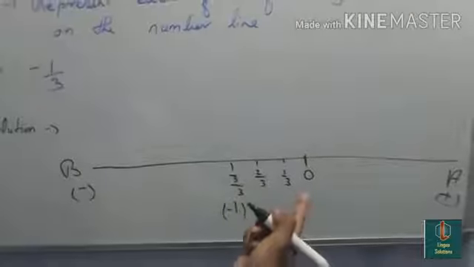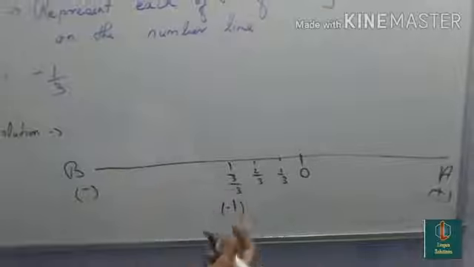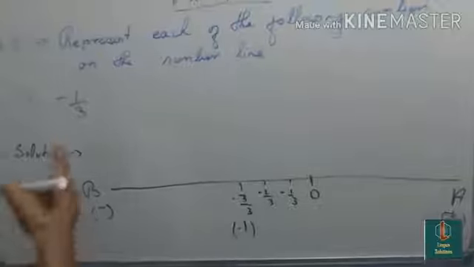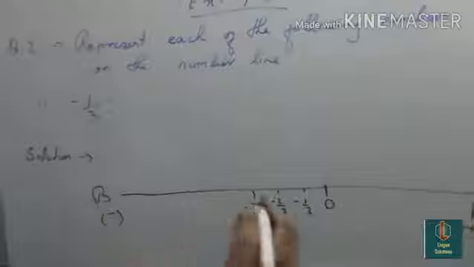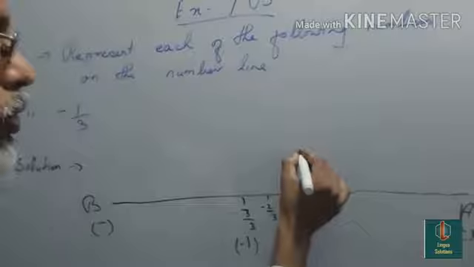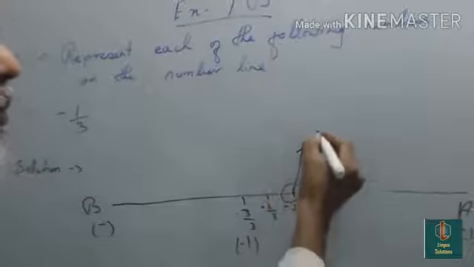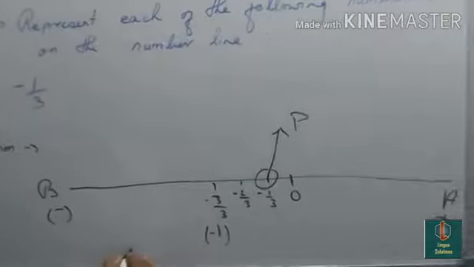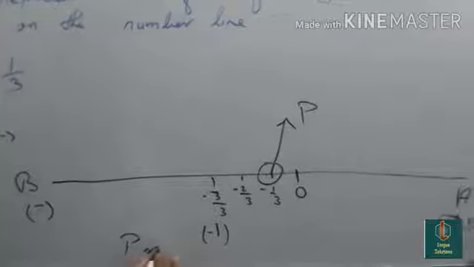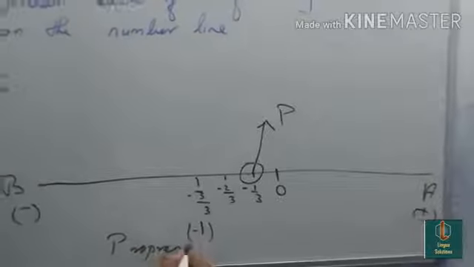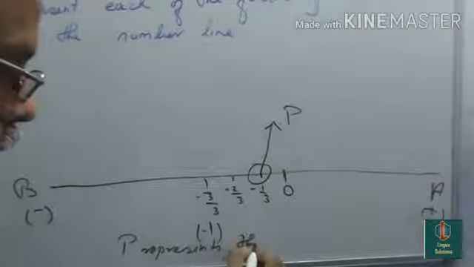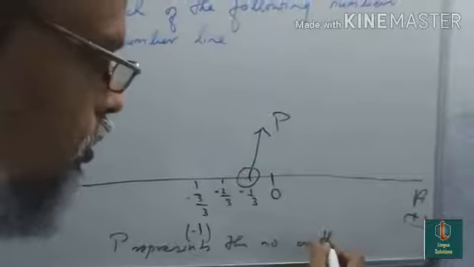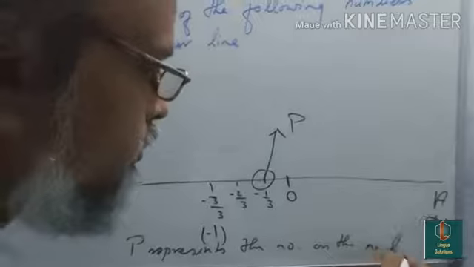But all these numbers are on the left side, so all are negative. Now we have to show minus 1 by 3. Here is minus 1 by 3. Mark it as P. So P represents the number on the number line.